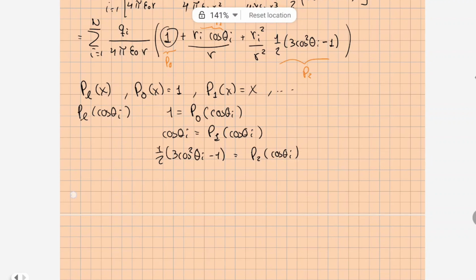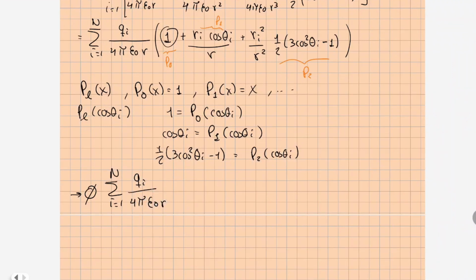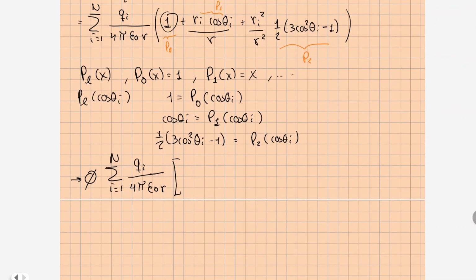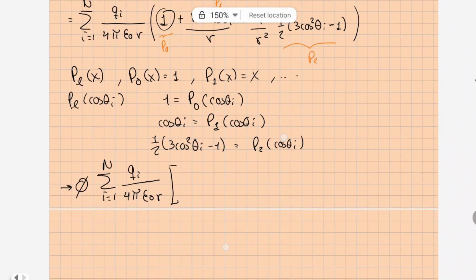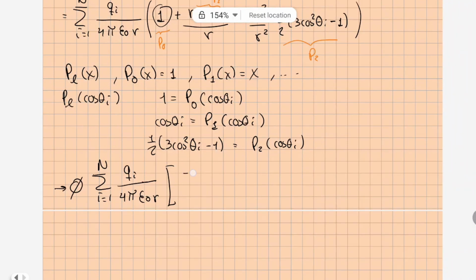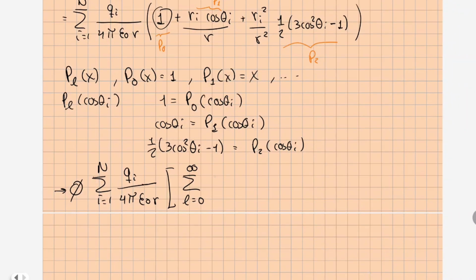Okay, so we are going to get that the electric potential is equal to the sum from i equals 1 up to n of q_i over 4 pi epsilon 0 r times a sum of Legendre polynomials. So it will be a sum from L equals 0 up to infinity, and I'm about to explain why infinity, of the L-th Legendre polynomial of cosine of theta_i.